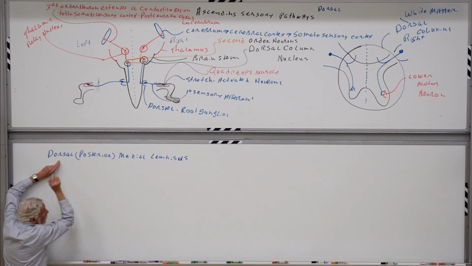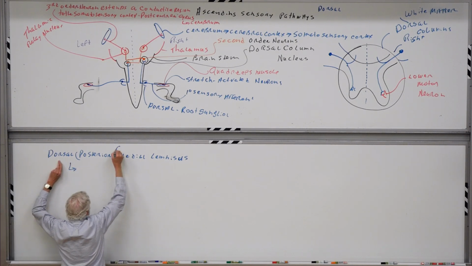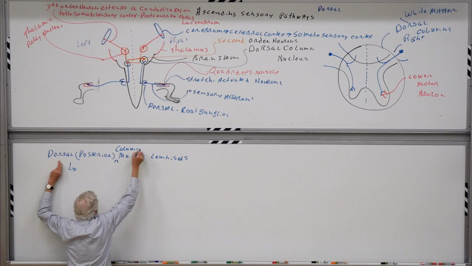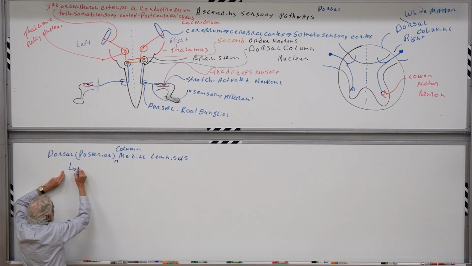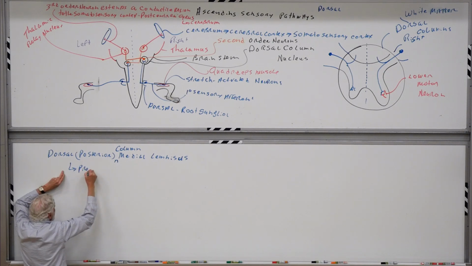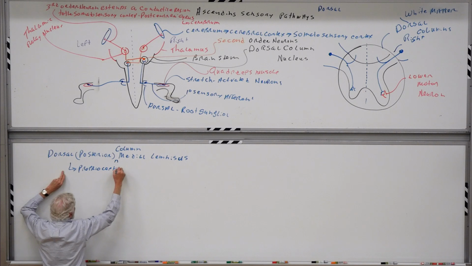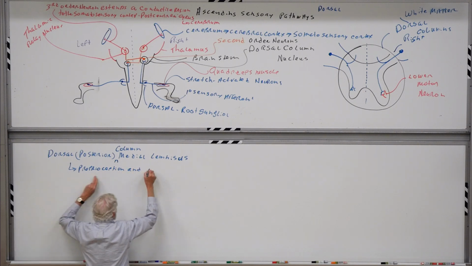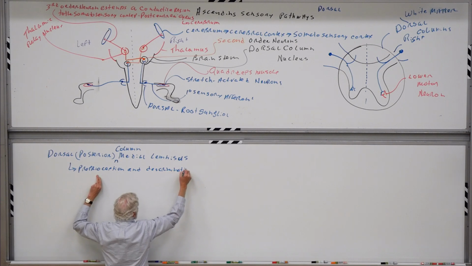The dorsal column medial lemniscus pathway, I should say column. The dorsal column medial lemniscus pathway carries information about proprioception and discriminative touch.